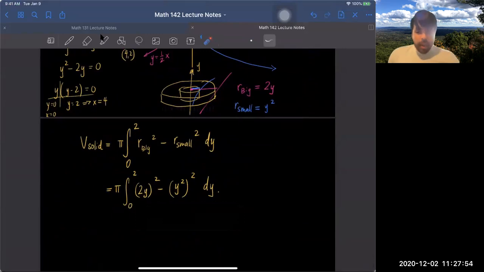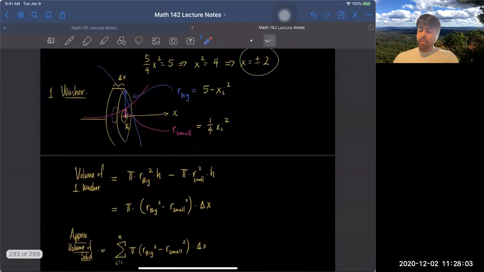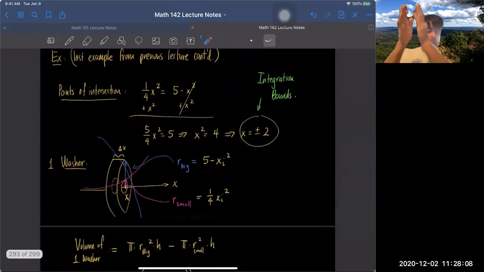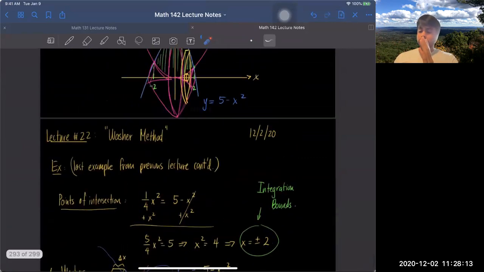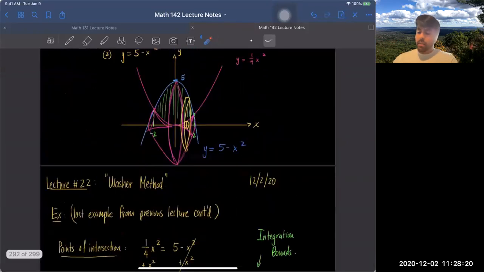Can you repeat the R big and R small part and why the function is changed? Okay, so yes. I just want you to see, you guys are comfortable with finding the washer method when we slice vertically and stack horizontally, right? You're comfortable with representing the radii as functions of x, because my washers' radii are functions of x.